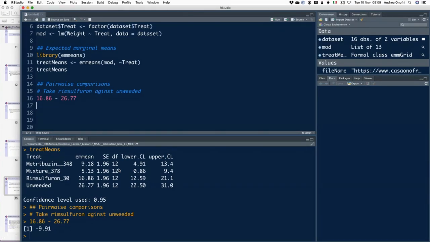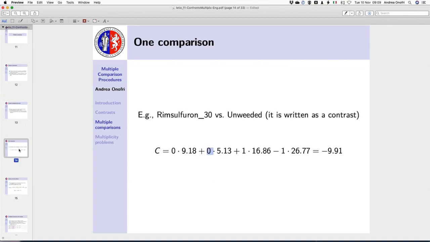And of course, this is a simplified contrast because I didn't write the other means, but there is no point because we have a coefficient of 0. So it doesn't make any point to use the other means. This is just to show you that we have a type of contrast.